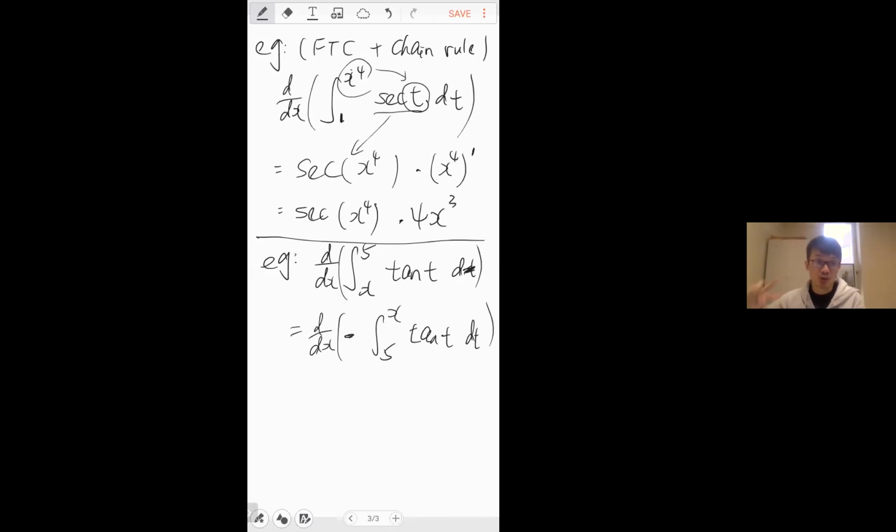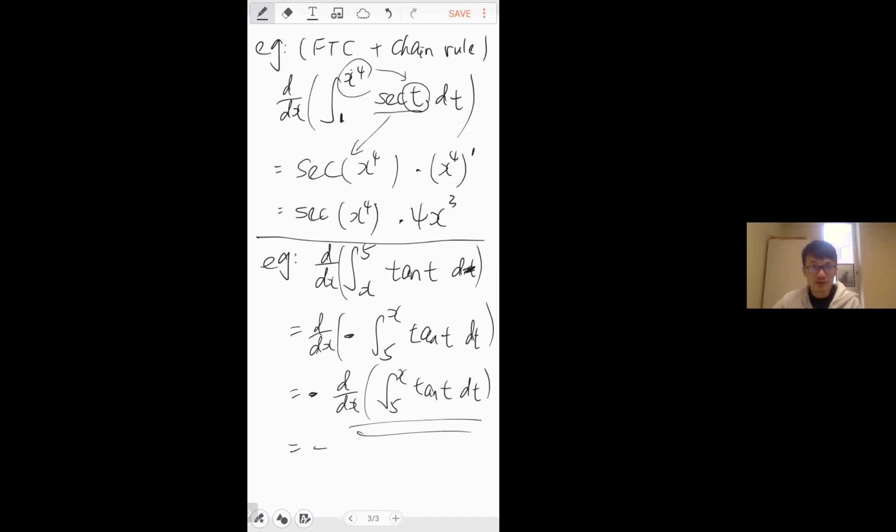Is it okay? So when I flip the lower and upper limits, I get a negative sign. And then because I'm taking the derivative of negative something, the negative doesn't do anything, right? So you can put that out of the derivative. So it's the same as this. And now you can use the fundamental theorem of calculus on this guy.